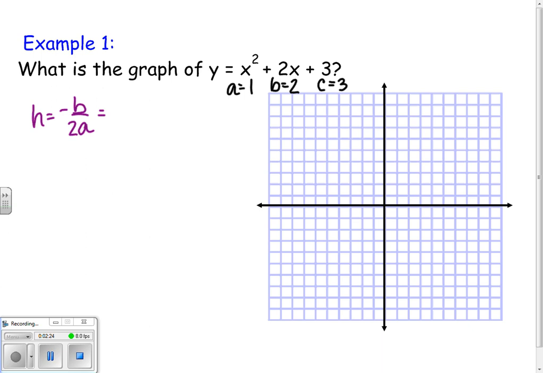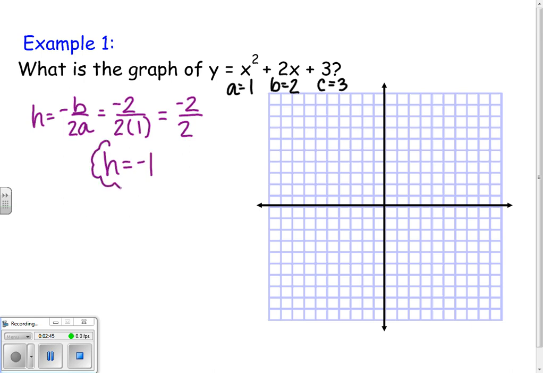So I'm just substituting. My b is 2, but it is negative because there's a negative in front. And then on the bottom, it should be 2 times a, so 2 times 1. And then just evaluate that. On the top, I have a negative 2, and on the bottom, I have a 2. So I know that h is negative 1.